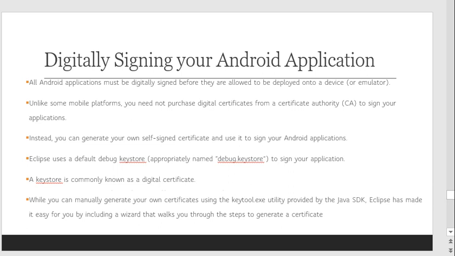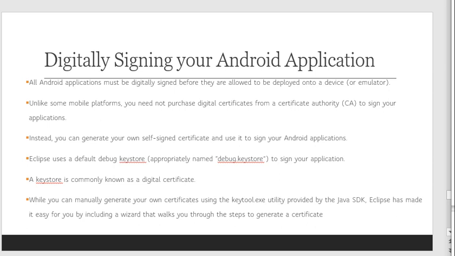Next, we'll see how you can digitally sign your Android application. All Android applications must be digitally signed before they are allowed to deploy onto the device. That can be the emulator also. Unlike some mobile platforms, here you need not purchase digital certificates from any certificate authority to sign your application.